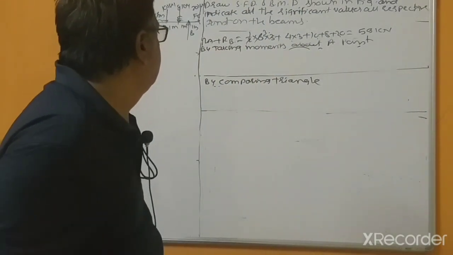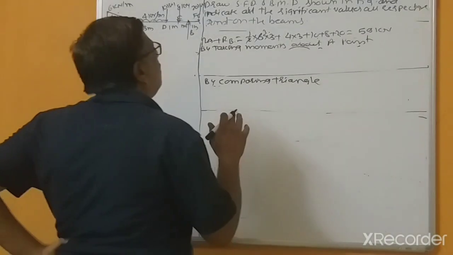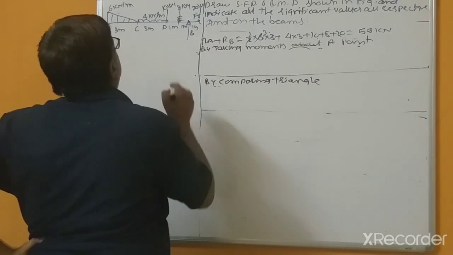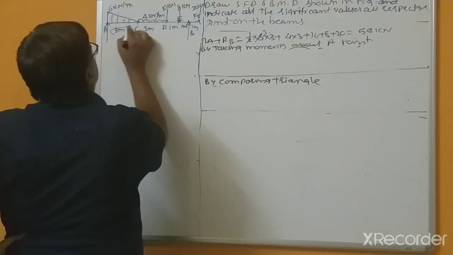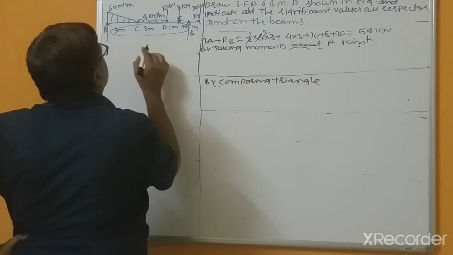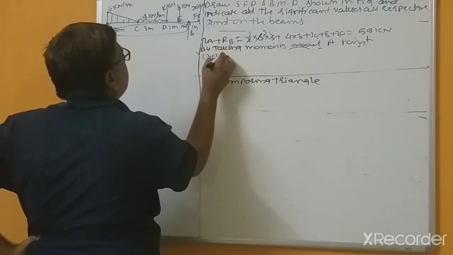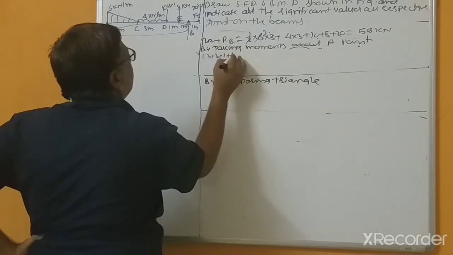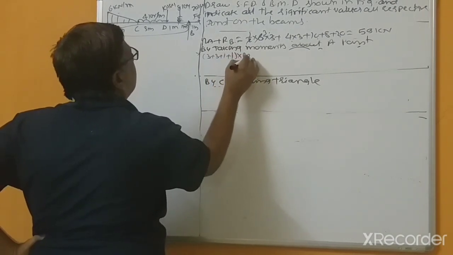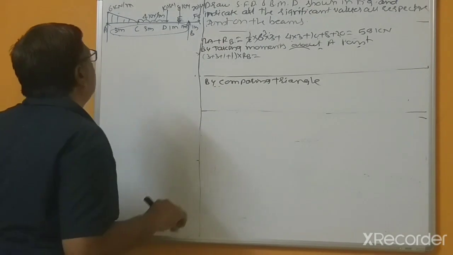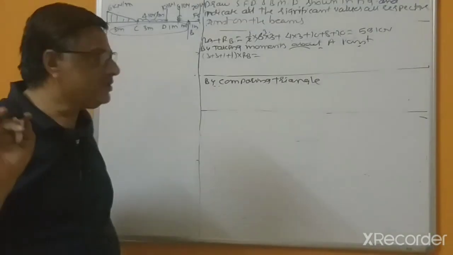All right. Now by taking moment about A point, RB into distance, 3 plus 3 plus 1 plus 1, equal to, now all moments are clockwise moments.